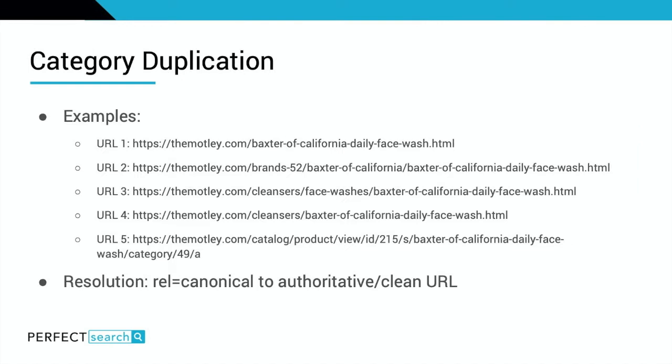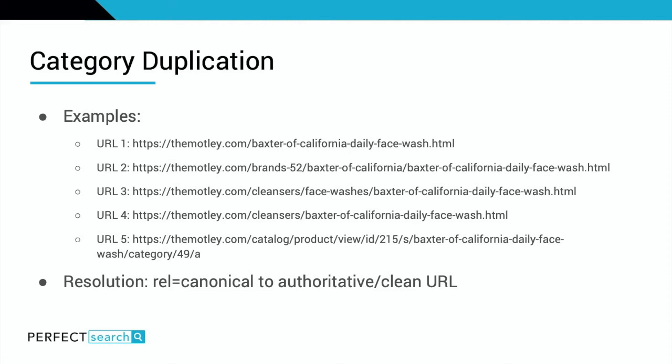Category duplication is another one. This is common, especially with e-commerce websites. This is when there are multiple different versions of a page that are all the same, but have different categories.